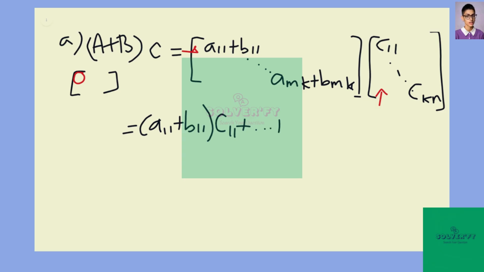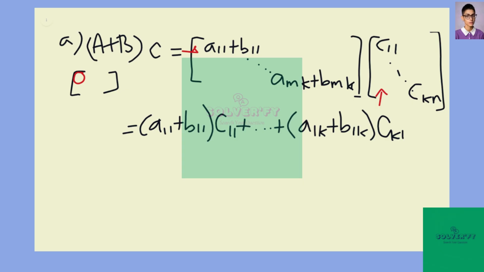And we're going to add that, and we're going to go all the way down to A1K plus B1K multiplied by CK1. And you can, of course, write this more generally with index notation, but the indexes are confusing enough in the discrete case, so I'm hoping this will be more illuminating.